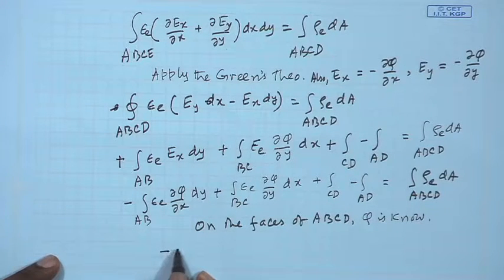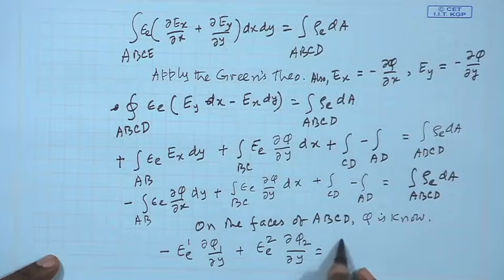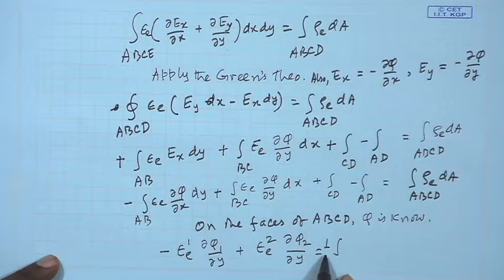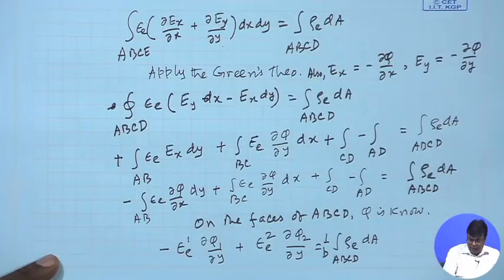So if we do a little algebra, we get epsilon E1 del phi 1 del y plus epsilon E2 del phi 2 del y equal to the volume charge density, 1 by B, where B is the horizontal length, rho E dA. So this is the volume charge density by B.